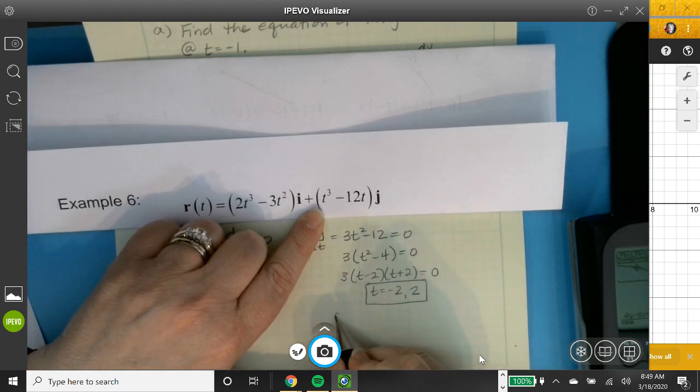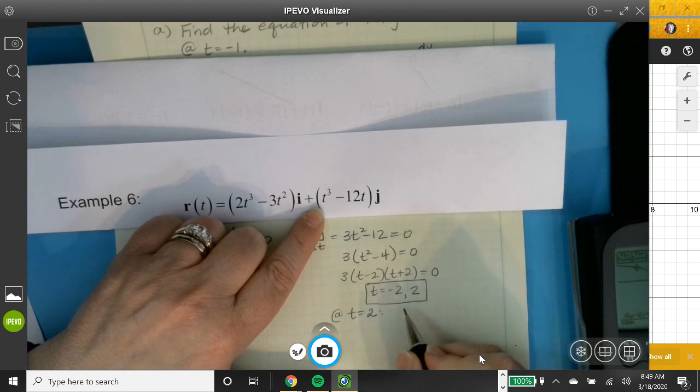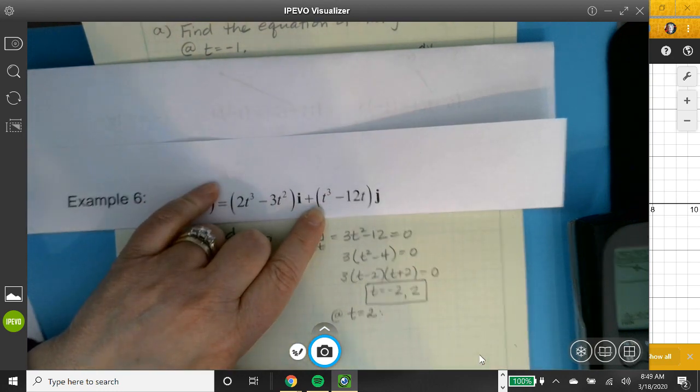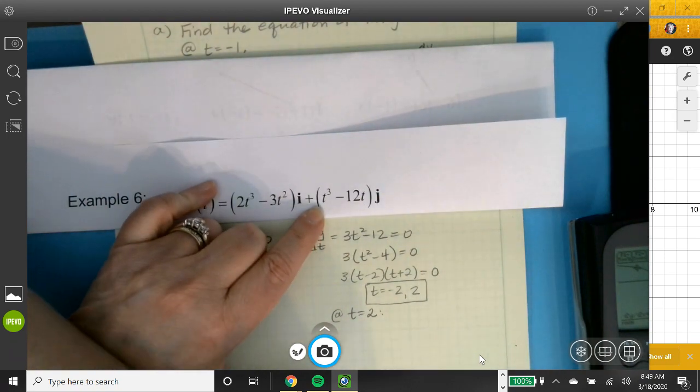So I would say at t equals 2, we have a horizontal line at 8 minus 24, which would be -16.